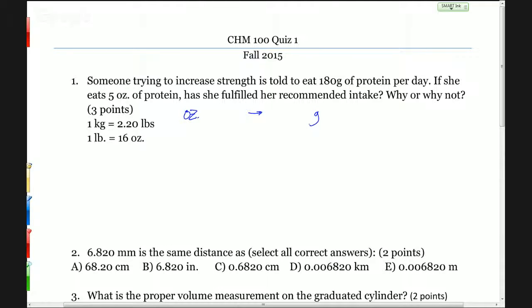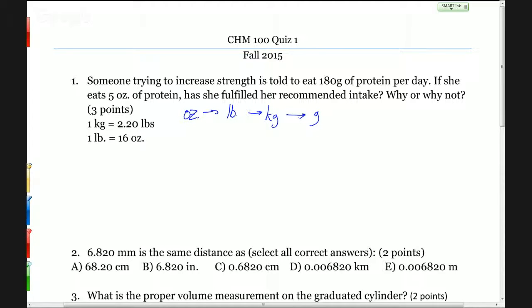So we look at what we do have. We have ounces and pounds. We have pounds and kilograms. And do we have kilograms to grams? Well, it's not given, but we should know that because there's 1,000 grams in a kilogram. That's one of the prefixes that you need to know. So we can go ounces to pounds, pounds to kilograms, and kilograms to grams.